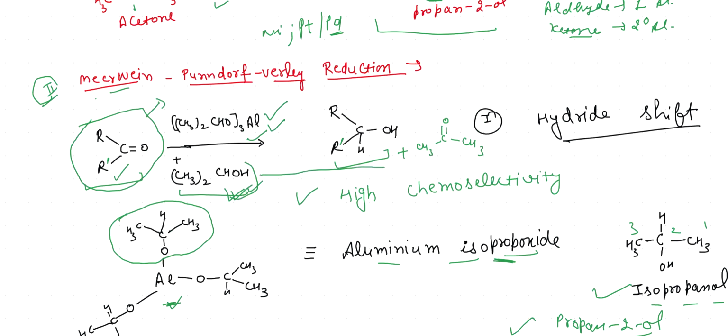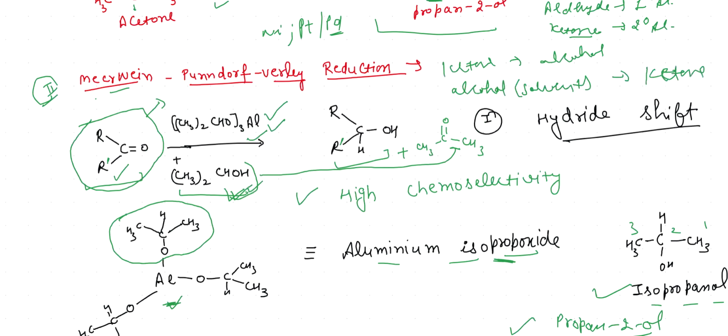So it is vice versa. Ketone will get converted into alcohol as your product, and the alcohol, your solvent, that is isopropanol, will get converted into ketone. So you can obtain the desired kind of alcohol in this reaction by choosing a particular ketone.